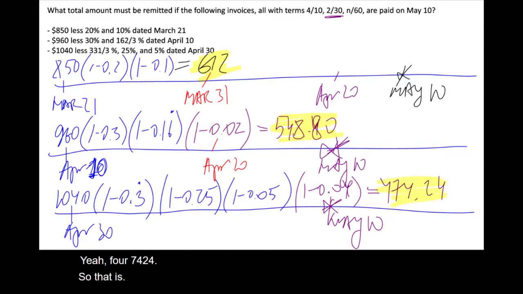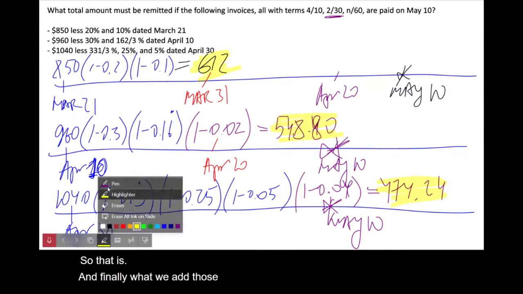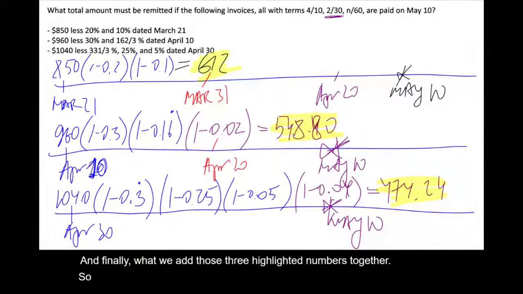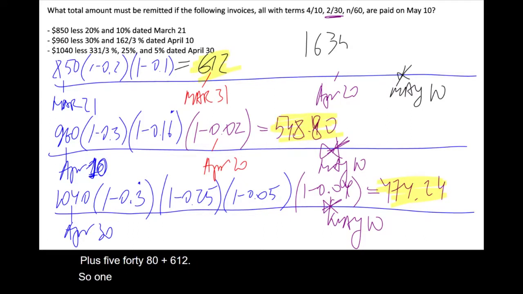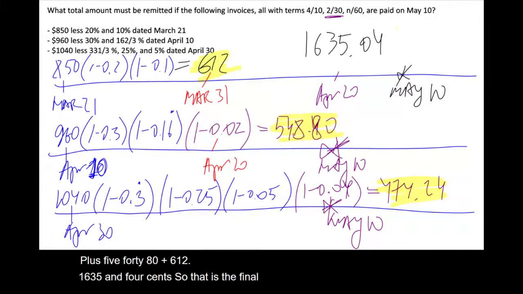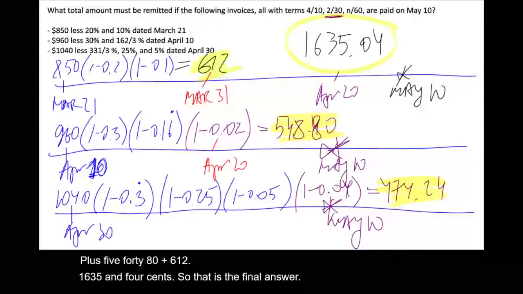And finally, we add those three highlighted numbers together. So plus 548.80 plus 612. So 1,635 and 4 cents. So that is the final answer. Questions?